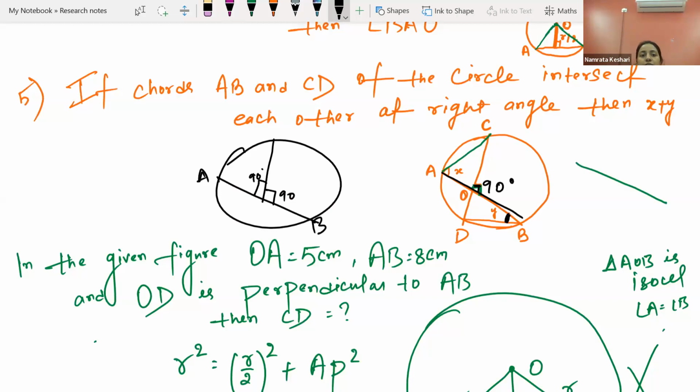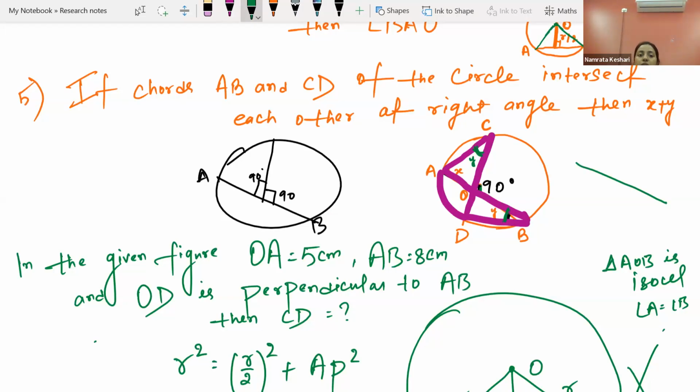Now if you are understanding that we are having an arc, and the same arc is creating this angle and this angle. Can you see that? Yes, ma'am. So the angle in the same segment will be same. This angle over here and this angle over here will be same. If this is y, that will also be y, right?